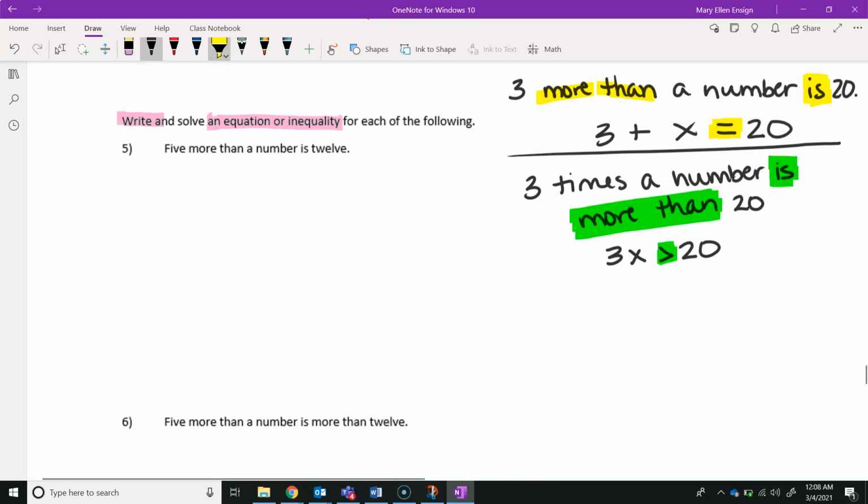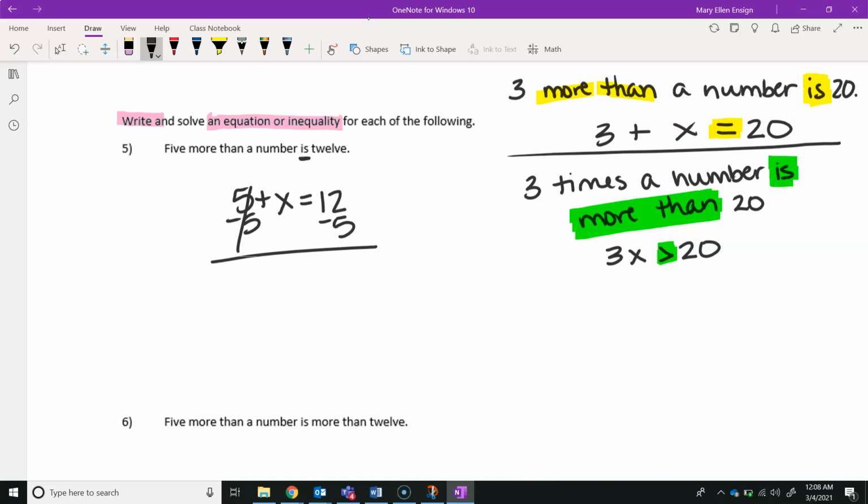Okay, so let's look at the first one. 5 more than a number is 12. Look at how it says "is." So that's going to be equals 12, 5 more than a number. Obviously for this one, to solve it, we just subtract 5, x is going to be 7.